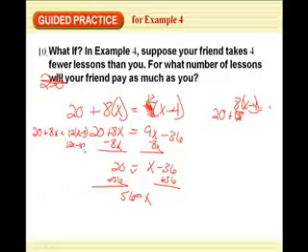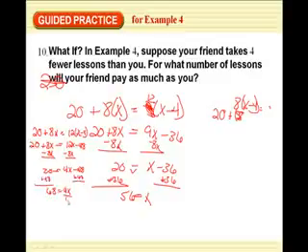12x minus 48, 20 plus 8x, minus 8x, minus 8x. 4x minus 48 equals 20, plus 48, plus 48. 68 equals 4x. Divide by 4. Goes once.